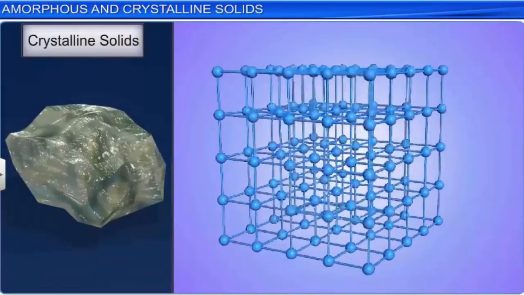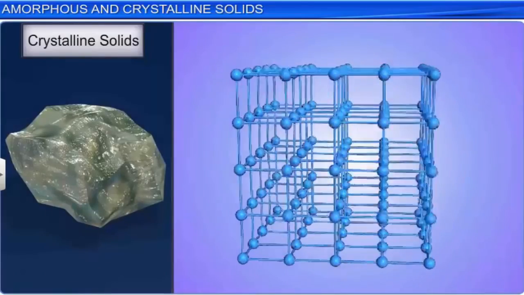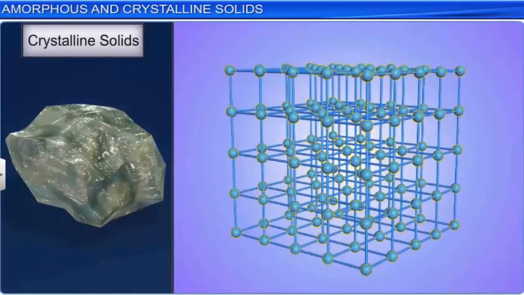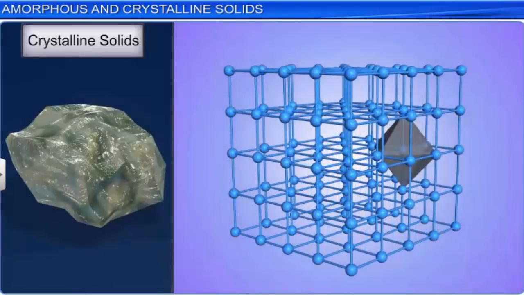Crystalline solids have an orderly arrangement of their constituent particles, such as atoms, ions, or molecules, in 3 dimensions. They are arranged in an orderly manner to give a definite geometry to the crystal.